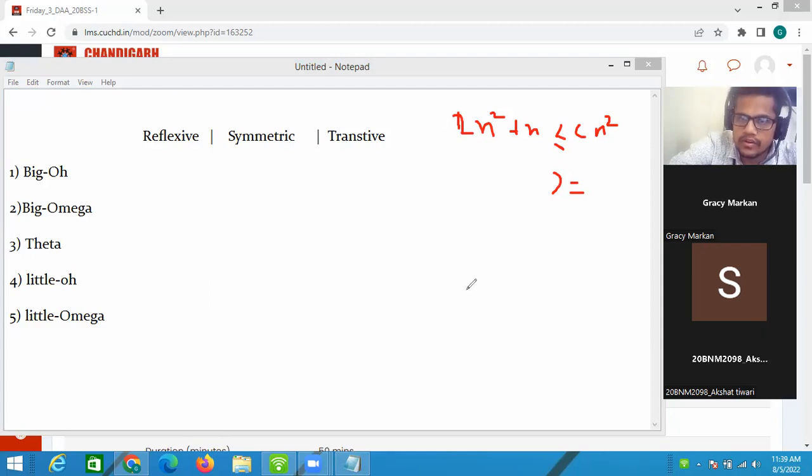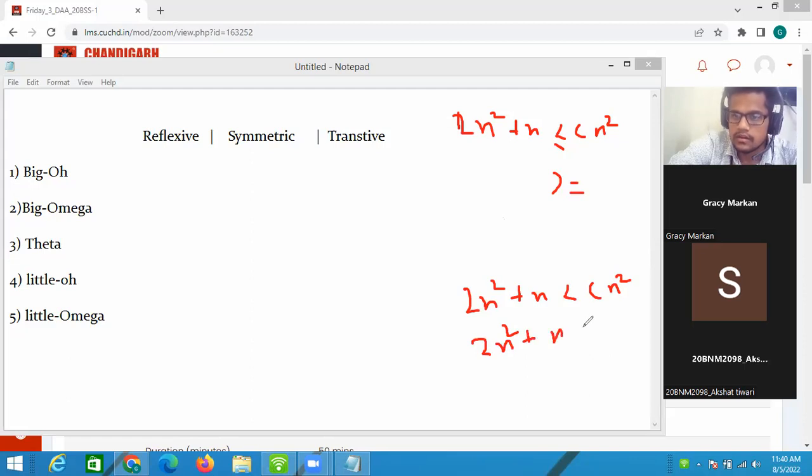In little o, we write 2n square plus n less than cn square. Only the difference is the equals to. In the same way for little omega, 2n square plus n greater than cn square. Clear? First of all, the difference is clear to everyone.